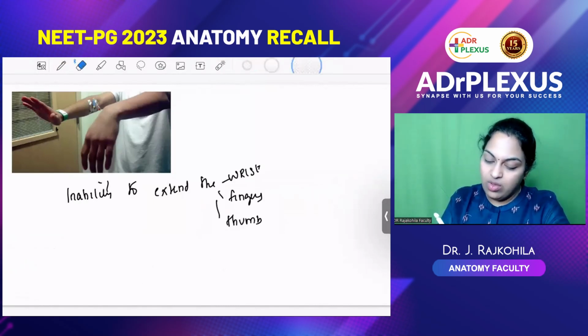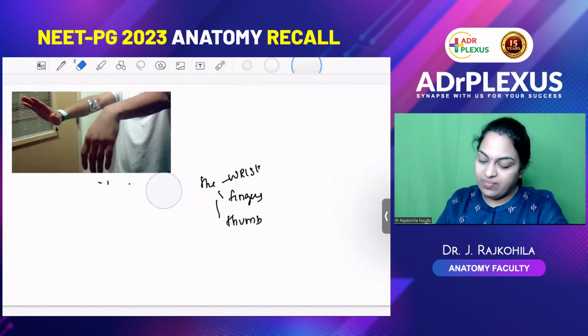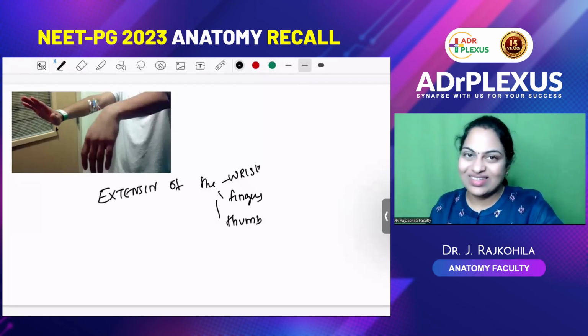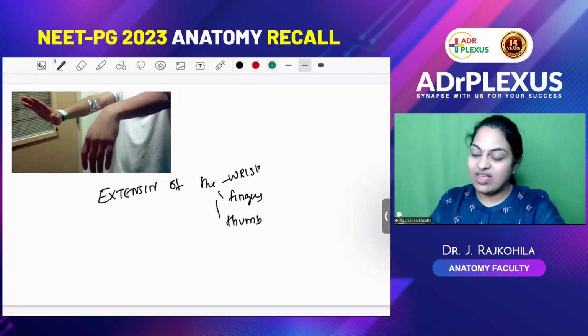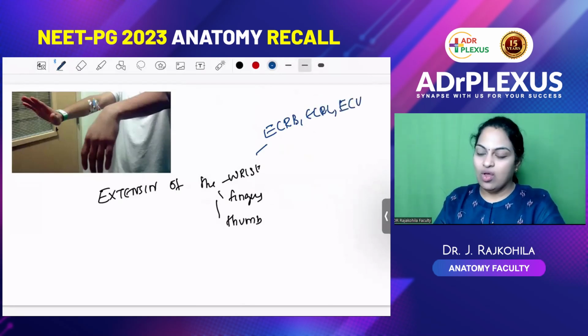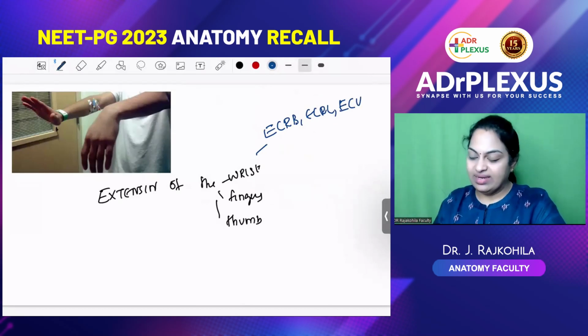So I'll put it another way, extension of the wrist. What are the muscles causing extension of the wrist? Come on, tell me. Extensor carpi radialis brevis, extensor carpi radialis longus, extensor carpi ulnaris. All of them are supplied by the radial nerve.